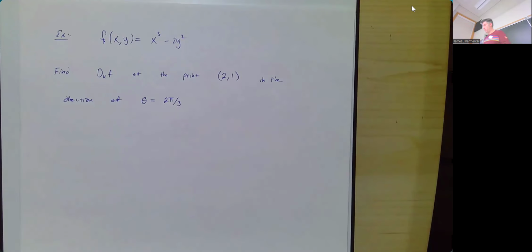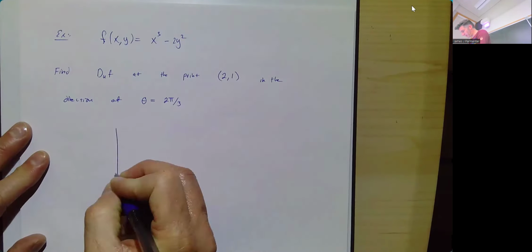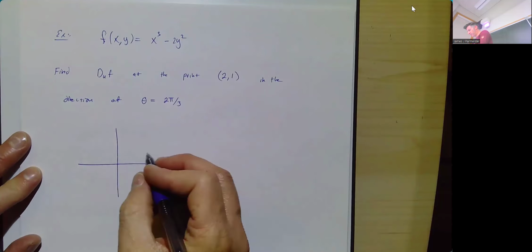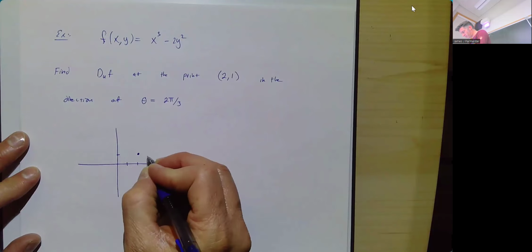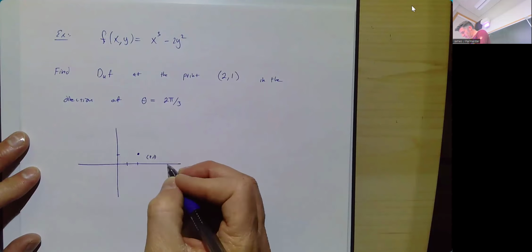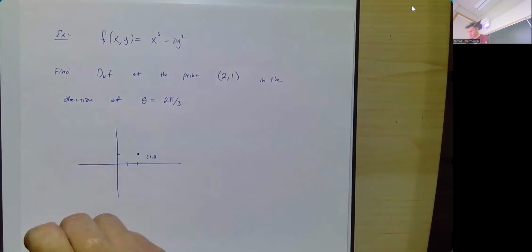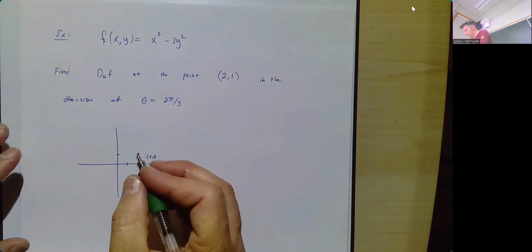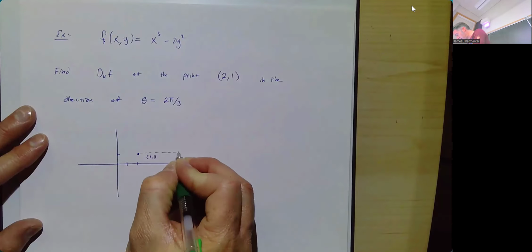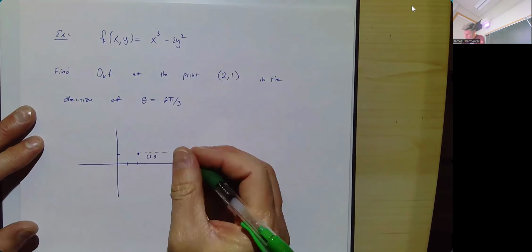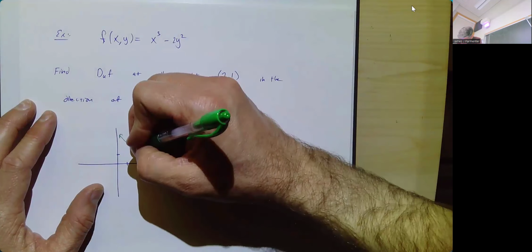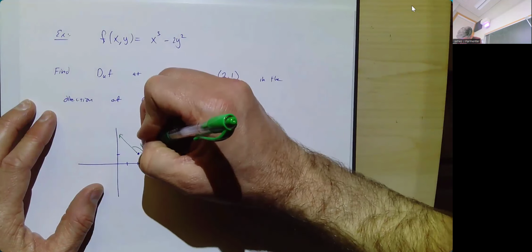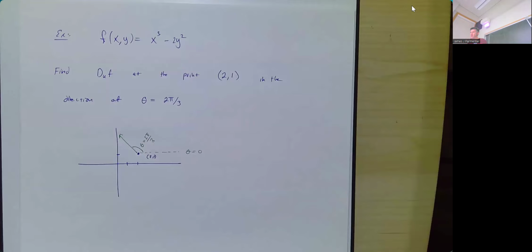So for example, I'm taking my directional derivative at the point (2, 1), and then I'm going in the direction of the angle 2 pi over 3 from the horizontal. So this is like theta equals 0, and that is going to be like theta equal to 2 pi over 3. Is that kind of what you're getting at?